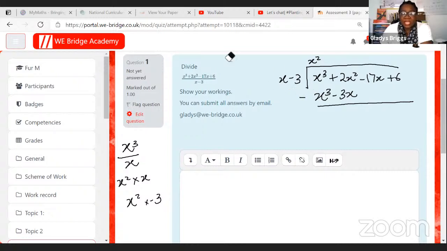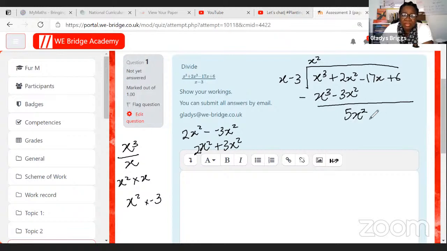Now you have to subtract. x cubed minus x cubed becomes 0, and 2x squared minus negative 3x squared becomes 2x squared plus 3x squared, which is equal to 5x squared.